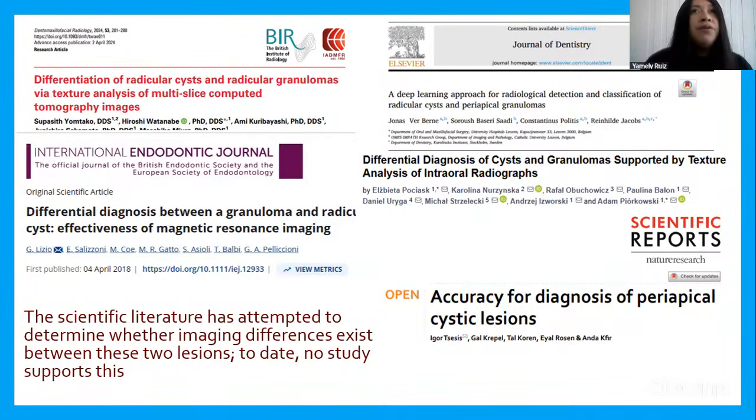However, they have problems with the size of the sample or with the structure of the paper. But today, no studies support that a difference exists in image between the periapical cyst and periapical granuloma. The only difference is by the histopathological study. It's only by biopsy.